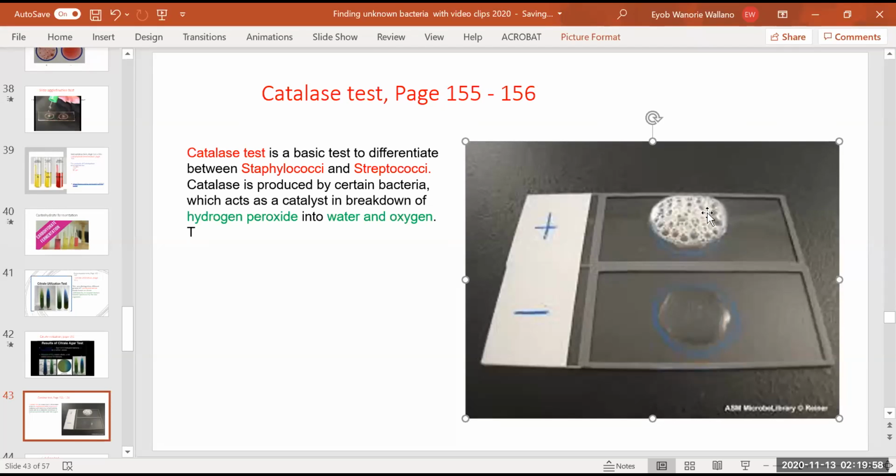Those bubbles are water and oxygen. Oxygen is the one which makes the bubbles. So hydrogen peroxide is broken down by catalase into water and oxygen.